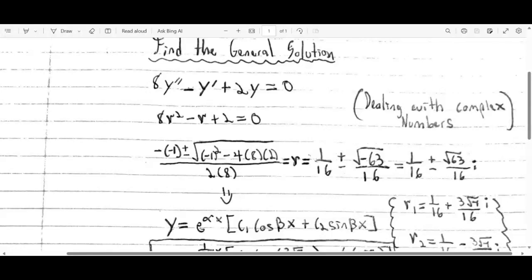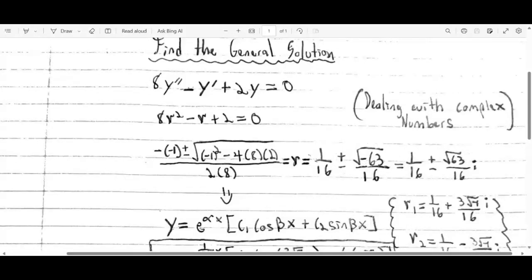In doing that, I could create this quadratic right here, which is 8r squared minus r plus 2 is equal to 0. When using the quadratic formula, the discriminant is going to be less than 0. So we're going to have an imaginary number popping out. Really, a complex number, if we take into account the 1 over 16. The discriminant is negative 63.